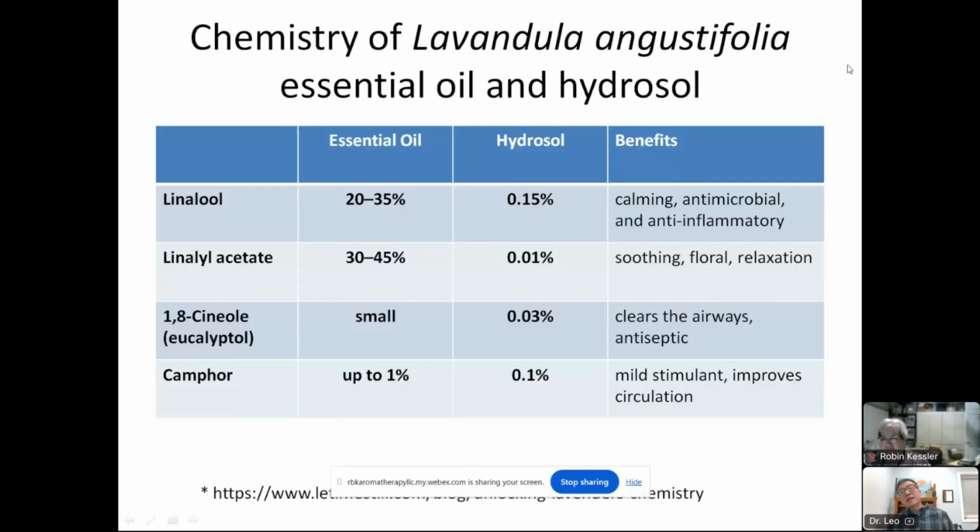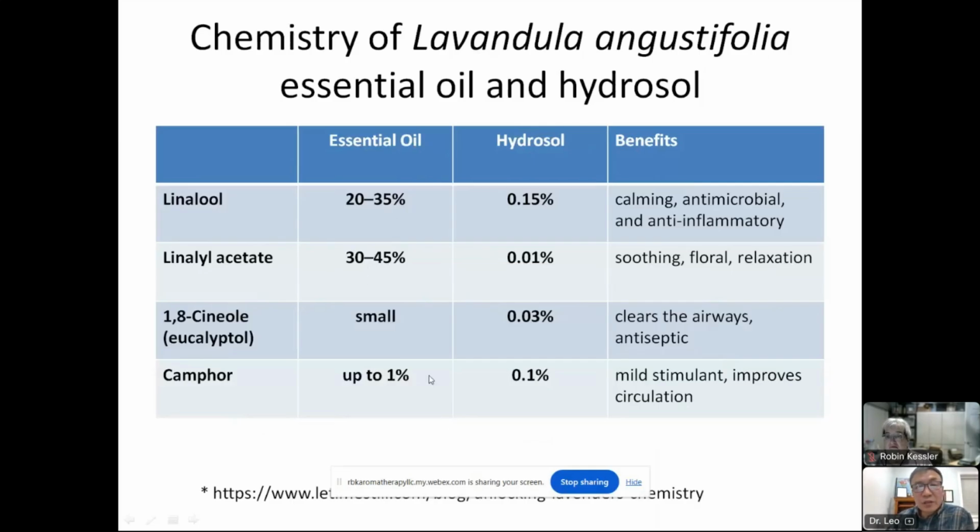So what is the difference? Here's the chemistry of Lavandula angustifolia essential oil and hydrosol. In lavender essential oil, this is the English lavender, linalool is one of the major compounds. It takes about 30%. Linalyl acetate is more, around 40%.